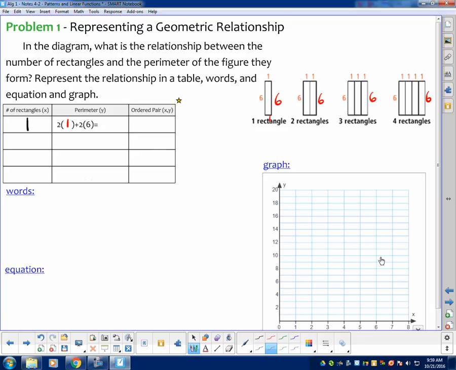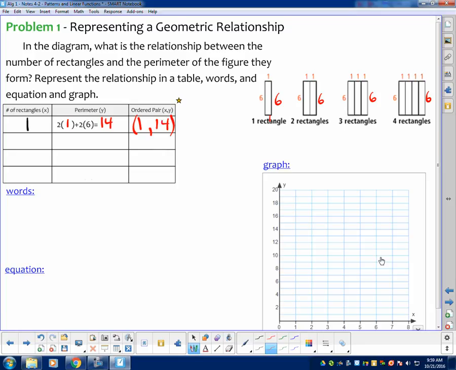We're going to take 2 times the width of 1, plus 2 times the length of 6, and that will give me the perimeter. So 2 times 1 is 2, plus 12 is 14. The ordered pair is 1 for the number of rectangles, comma, 14 for the perimeter.